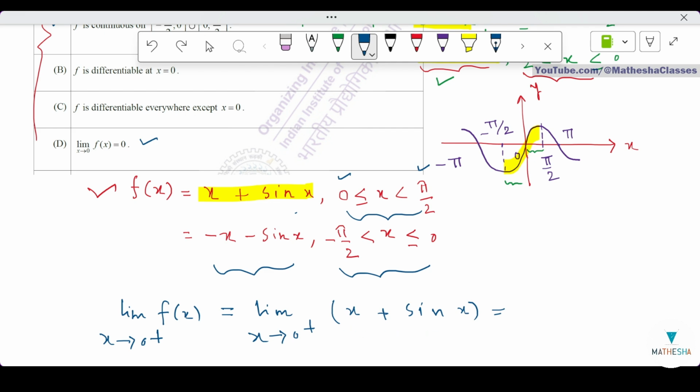Being a continuous function, you can directly put the value 0 here. Putting x equal to 0, you get 0 as the first term, and sin 0 is 0. So ultimately you are getting 0.